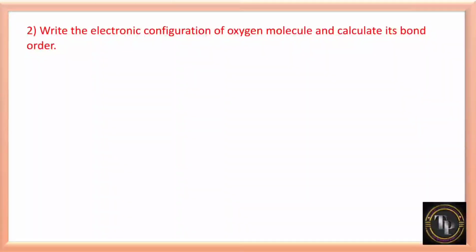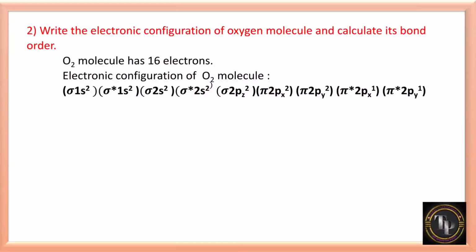Write the electronic configuration of oxygen molecule and calculate its bond order. Oxygen molecule means O2. One oxygen atom has atomic number 8, therefore the O2 molecule has 16 electrons. Electronic configuration of the O2 molecule is sigma 1s2, sigma star 1s2, sigma 2s2, sigma star 2s2, sigma 2pz2, pi 2px2, pi 2py2, pi star 2px1, pi star 2py1.